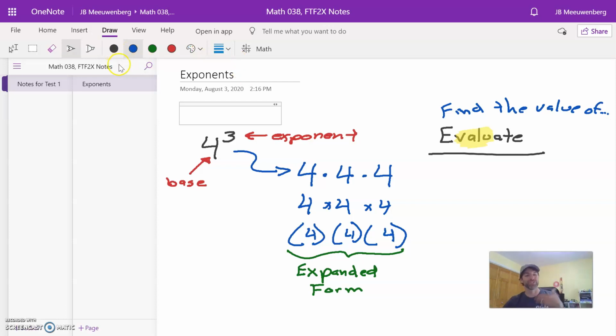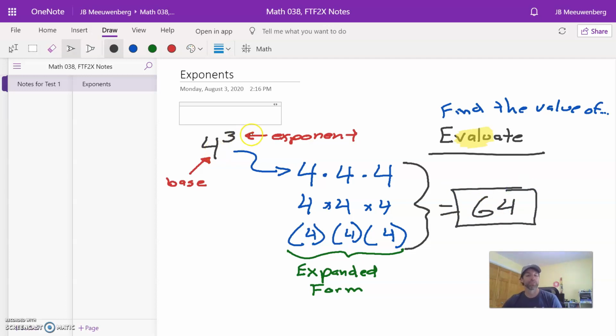That's what you've traditionally done in math classes. When you're given a problem, you have to do some sort of calculation. You're given a problem and you say evaluate it. It's like find what it equals. So 4 times 4 times 4 equals, 4 times 4 is 16, 16 times 4 is 64. So we would say that 4 to the third power evaluated is 64. There you go.